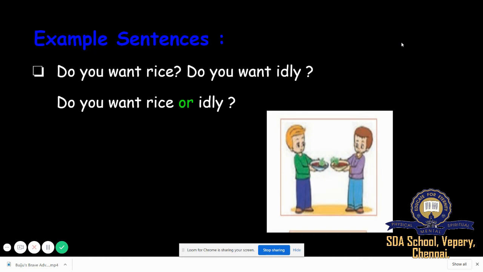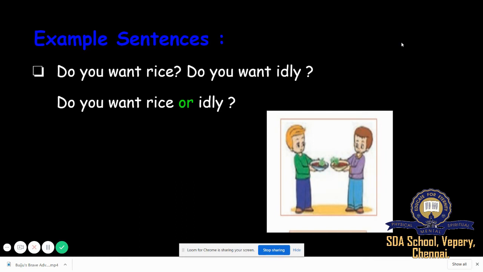Yes, we are going to use or. Why? Because here they are given a choice to choose one out of many. They are asking whether you want to have rice or idli. So the correct sentence is, do you want rice or idli?